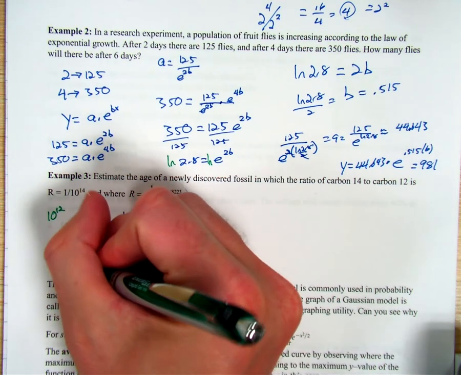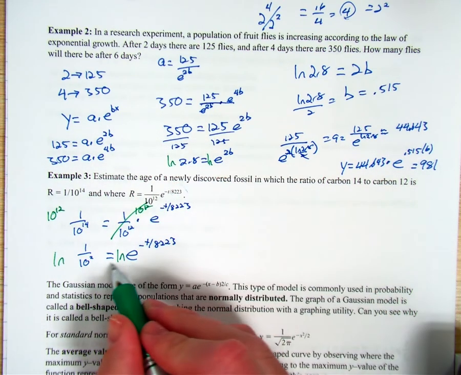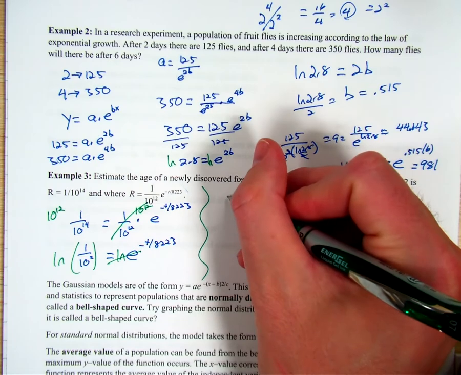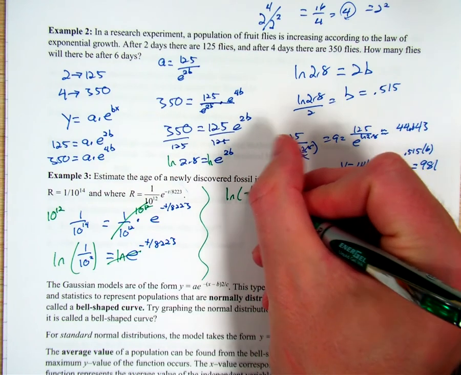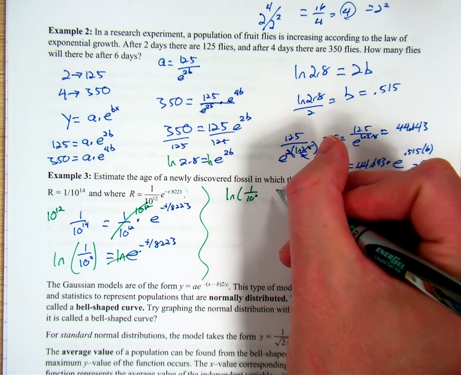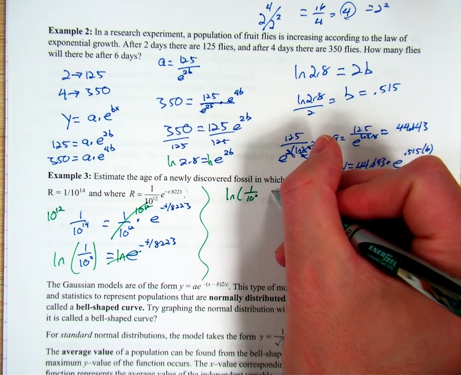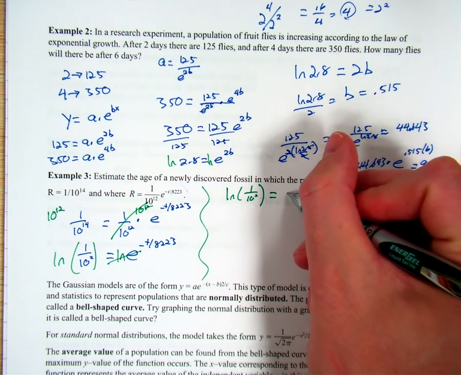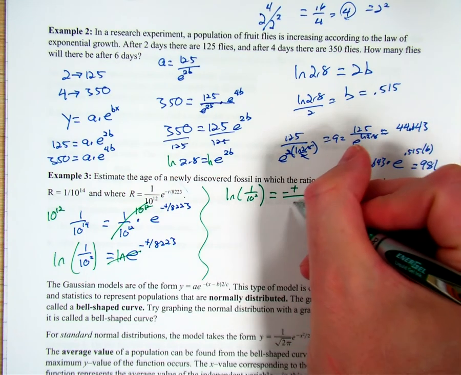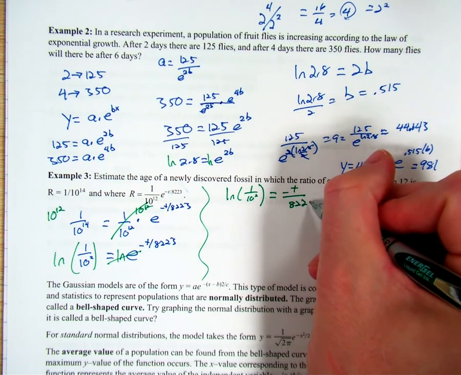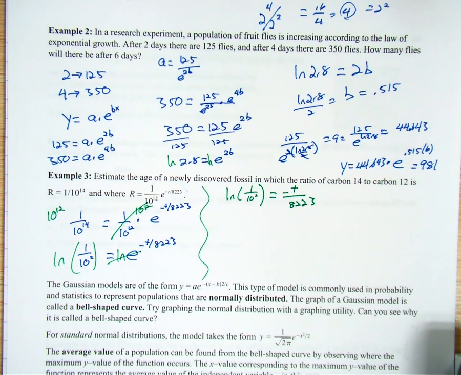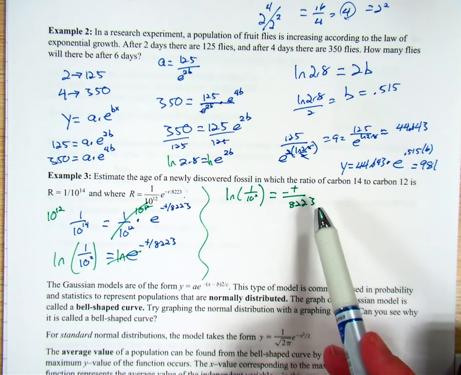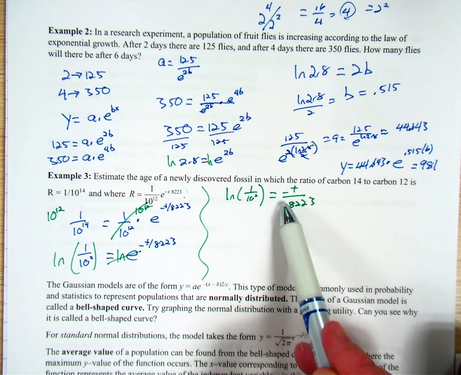Now we're going to natural log. So we have natural log of 1 over 10 squared equals negative t over 8,223. Well, I want regular t, so I'm going to multiply by this with a negative.